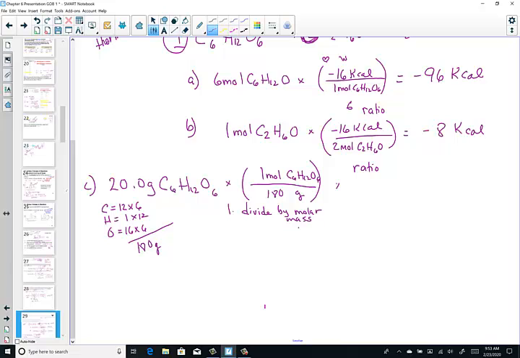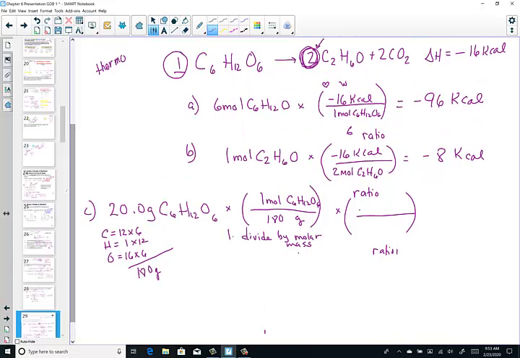Now we can set up our want over given ratio. From our balanced equation, it was negative 16 kcals. And what about that coefficient in front of the glucose? Oh, right here, it's a 1. So there's our ratio step.